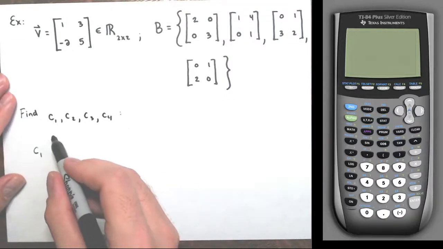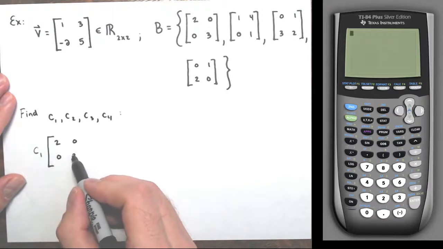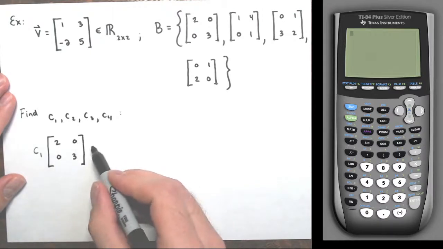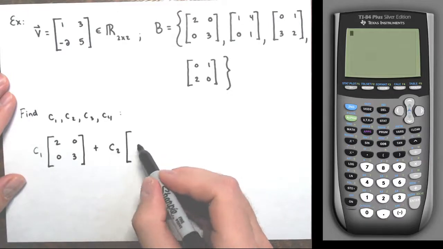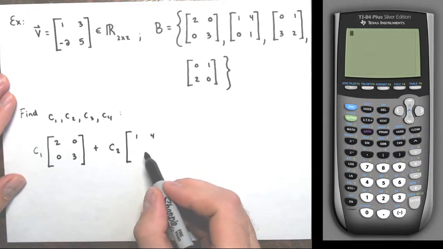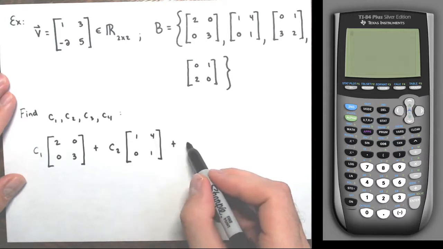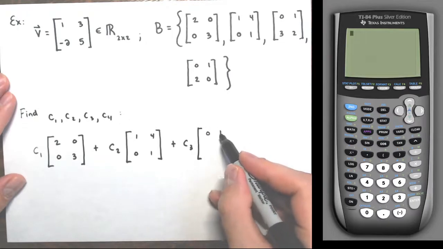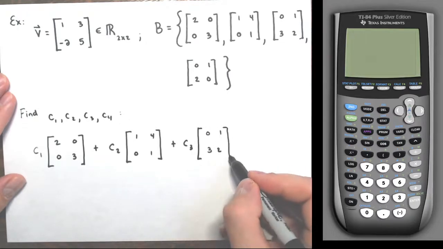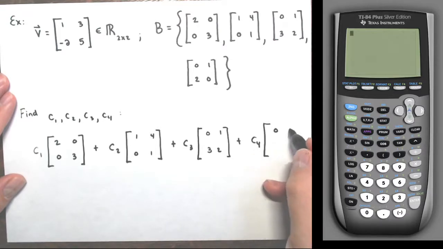C1 times 2, 0, 0, 3, plus C2 times 1, 4, 0, 1, plus C3 times 0, 1, 3, 2, and then plus C4 times 0, 1, 2, 0.